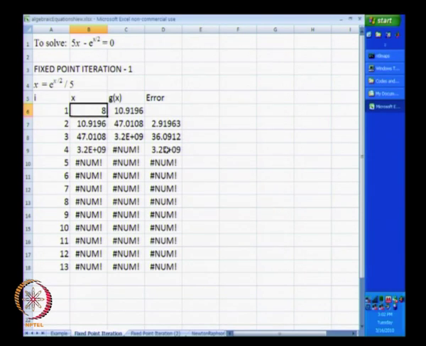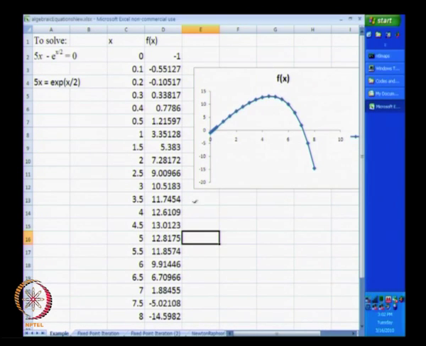The first value of x is 8, the second value of x is almost 1.147 times 10 to the power 9, and then there is a floating point error because the numbers have become too large compared to the storage capacity. Essentially the number has become greater than 10 to the power 309. So that is where this particular method stops working.